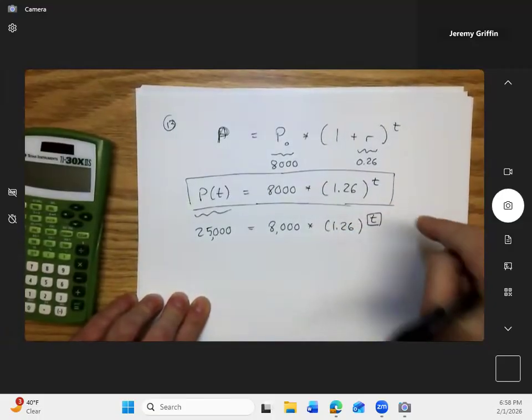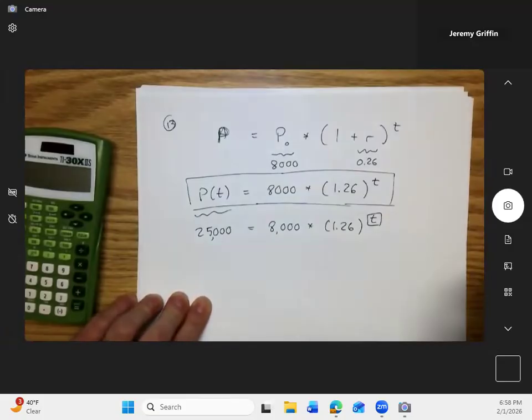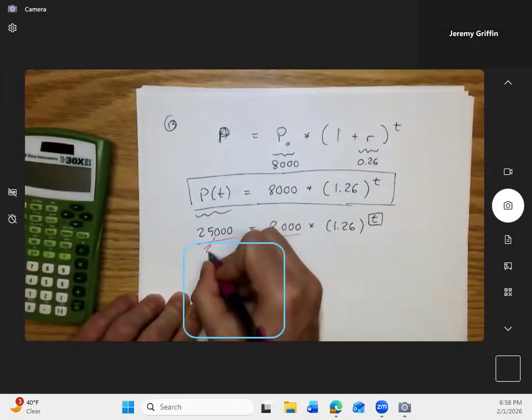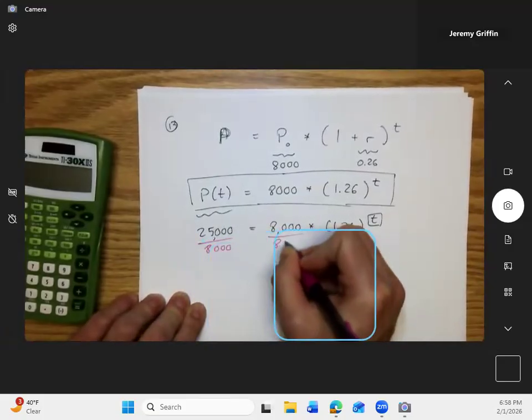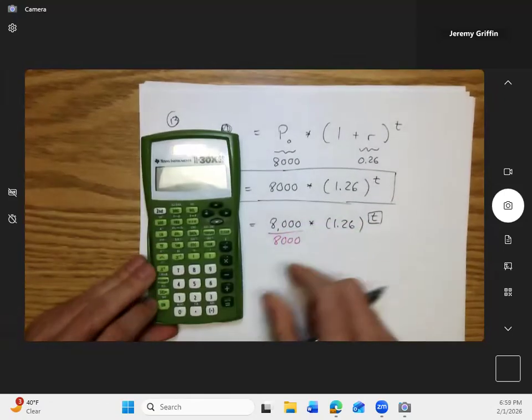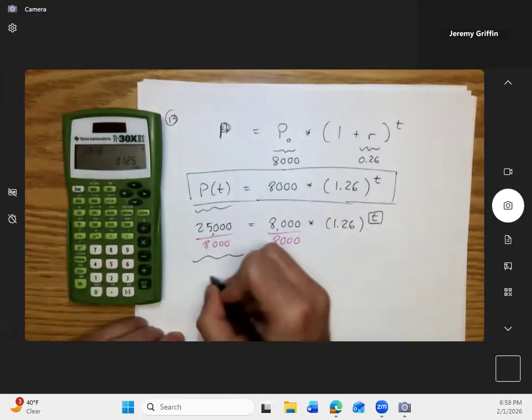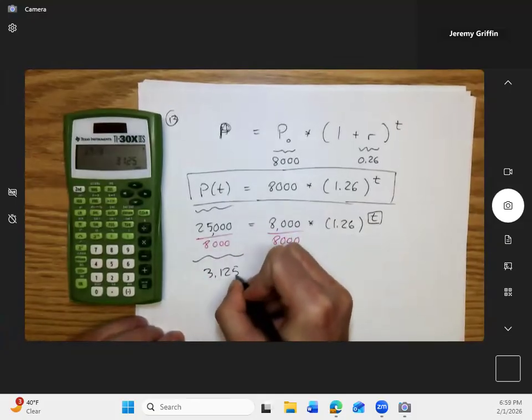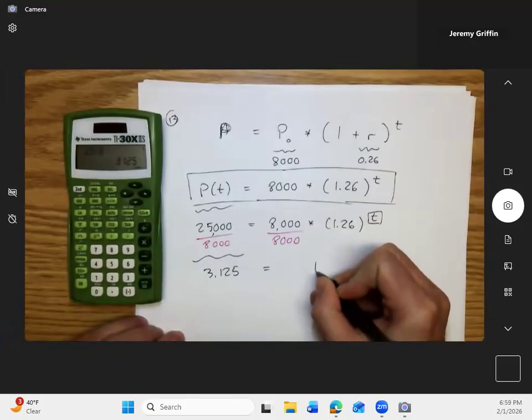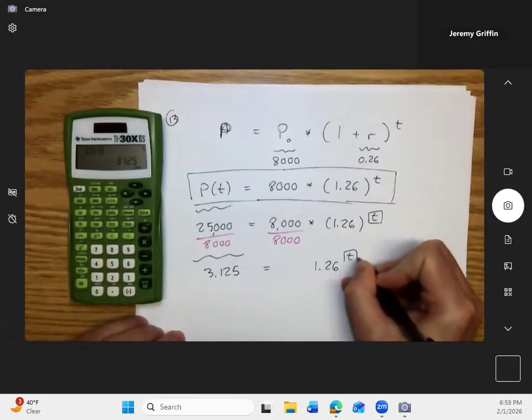Since what we're solving for is in the exponent, you know a logarithm is going to pop up eventually. But first thing, let's divide over this 8,000. So it is 25 on 8. This is 3.125 is equal to 1.26 to the t. Okay.